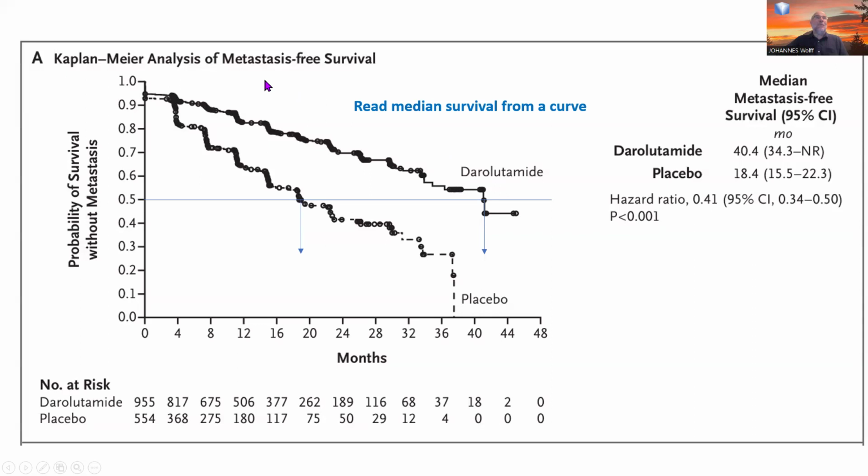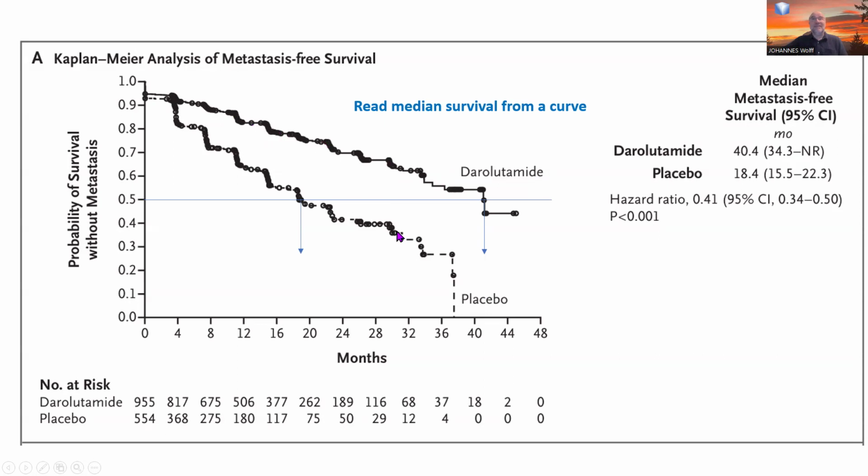This is the most important figure of the paper, in my opinion, the Kaplan Meier curve of the metastasis-free survival. Two curves, one for patients that received darolutamide and one for patients that received placebo. As you can easily see, the curve of patients receiving the drug is to the right and above of the others.